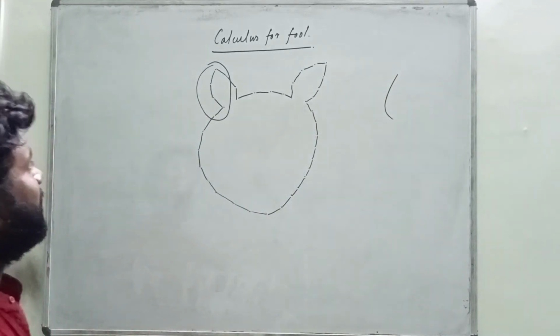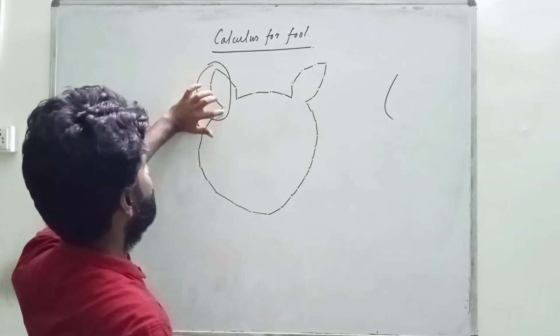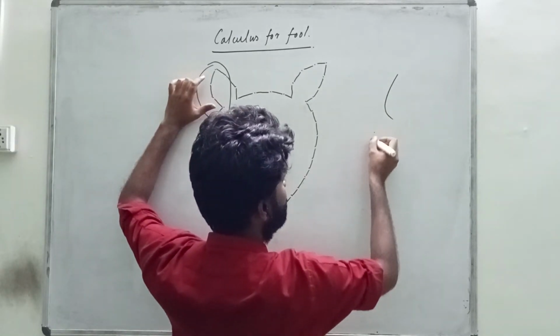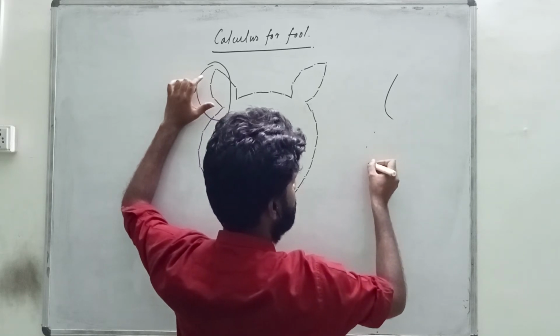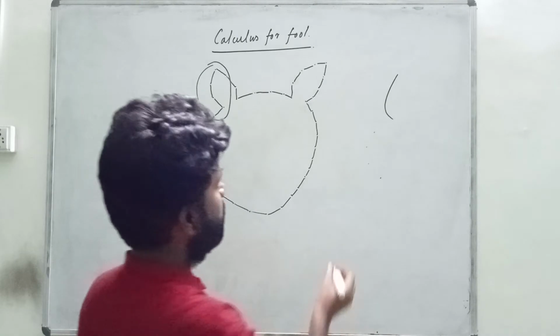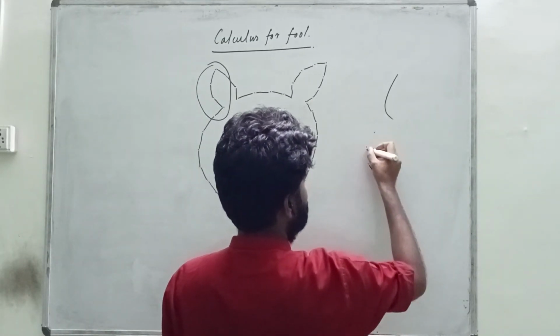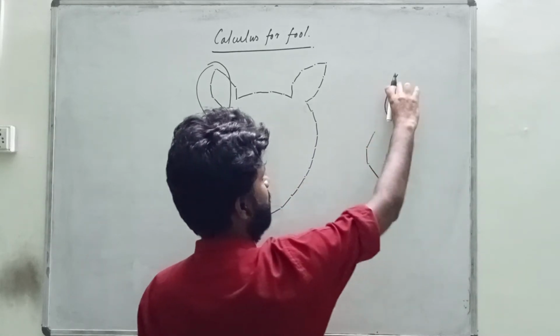But here there are just 4 points: 1, 2, 3, 4. 1 here, 2 here, 3 here, and 4 here, and you just connect them with a straight line. So it is not smooth, right?